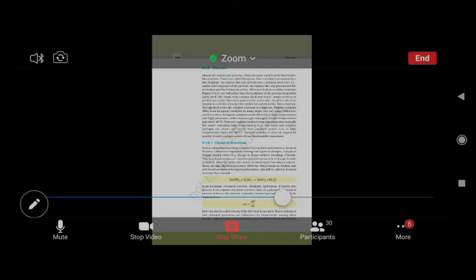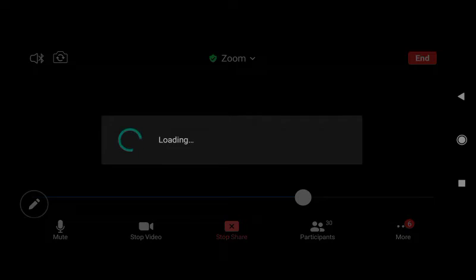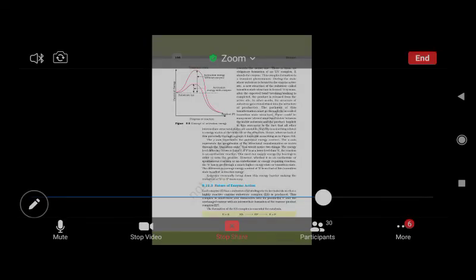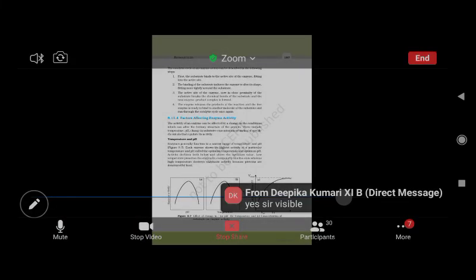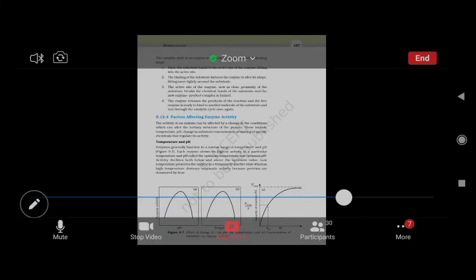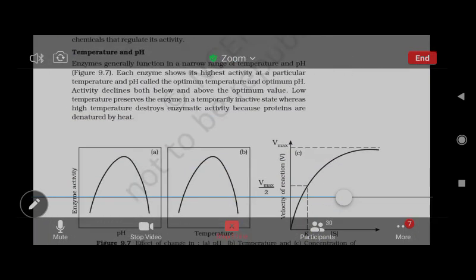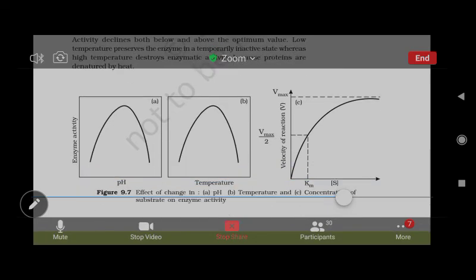Yes, students, I wanted this graph in the slide only, but since that slide is not opening, I have referred to another image.